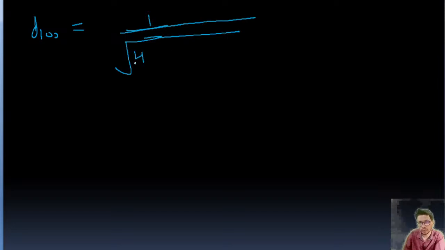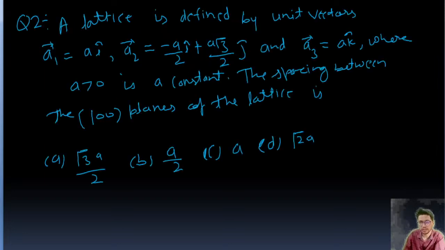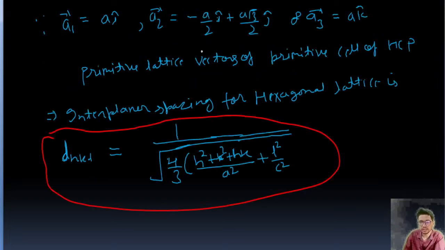Now this is going to be d100, that is 1 upon root of 4 by 3 into (1 square plus 0 plus 0), hk is 0, upon a square. From here we can get the value of mod a1, which is a.